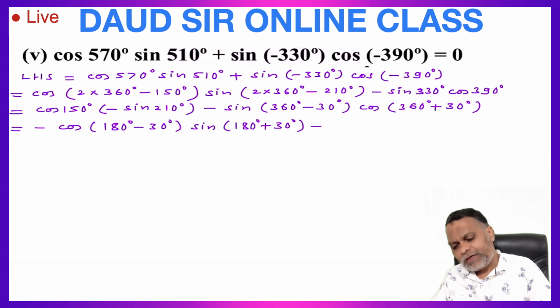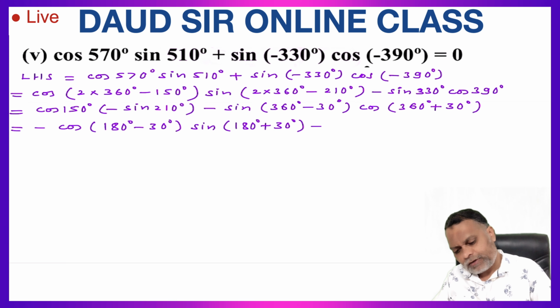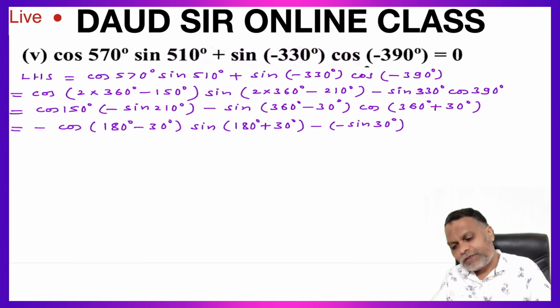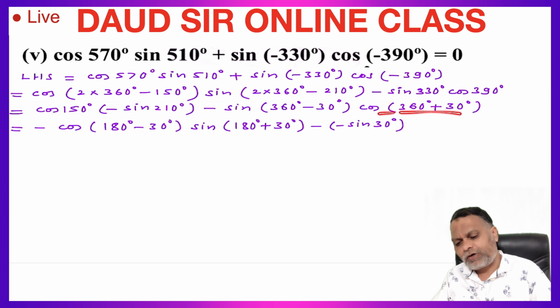This minus sin(360 minus theta). 360 minus theta lies in fourth quadrant. In fourth quadrant cos is positive, this is sin, so minus. Minus, in case of 360 degree no change, sin 30 degree, so minus sin 30 degree. Cos(360 + theta). 360 plus theta lies in first quadrant. In first quadrant all trigonometrical ratios are positive, this is cos, so plus sign. In case of 360 no change, so this is cos 30 degree.